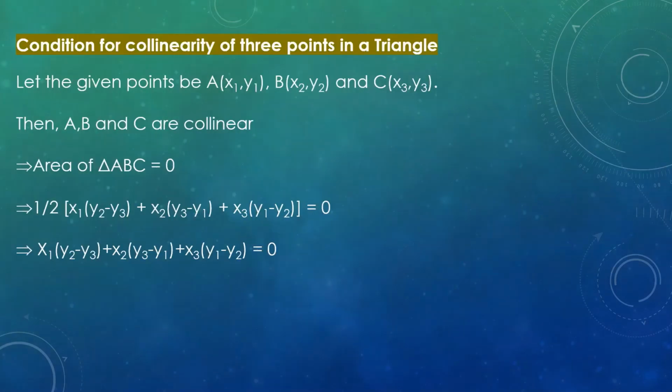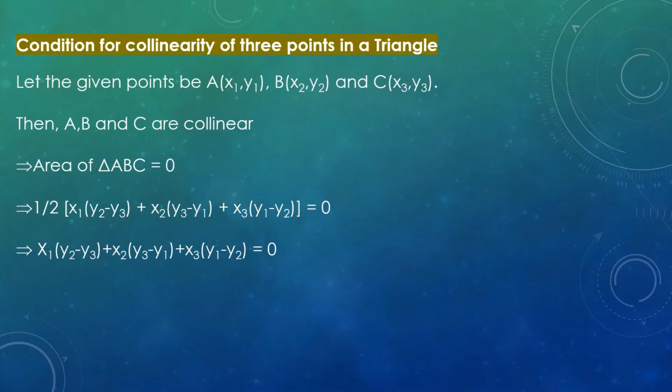Now we will see the condition for collinearity of 3 points in a triangle. Let the given points be A(x1, y1), B(x2, y2) and C(x3, y3). Then if A, B, C are collinear, the area of triangle ABC equals 0.